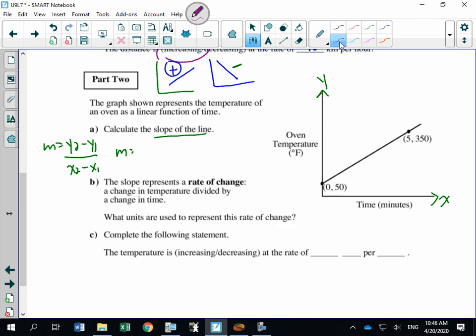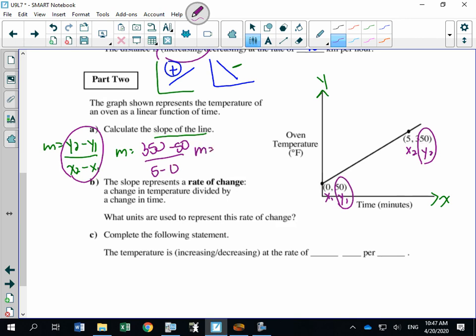Go to your 2 points and denote the first point as x1, y1, and the second point as x2, y2. From there, simply plug it into your formula. So y2 minus y1 would be 350 minus 50, and x2 minus x1 is 5 minus 0.